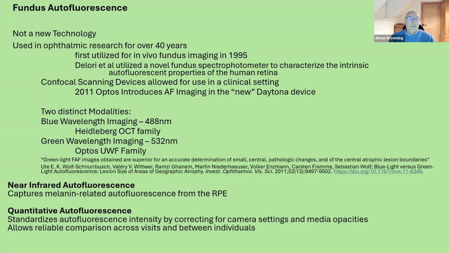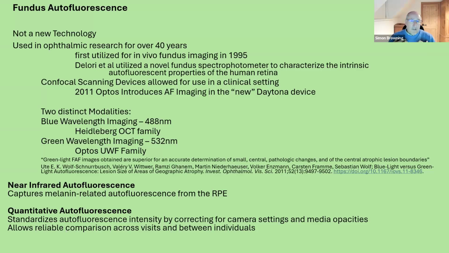And then there is quantitative autofluorescence, which again is exciting because it standardizes all the results you're getting. It corrects the intensities for different camera settings. It allows for media opacities, and it allows for very, very reliable comparison across visits by a patient and also between individuals.